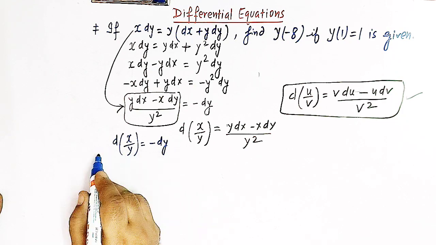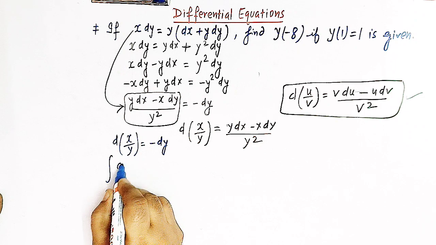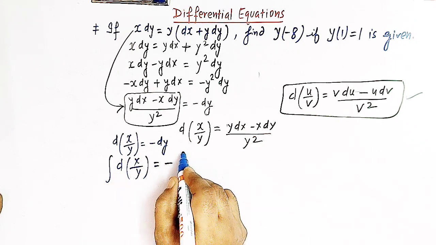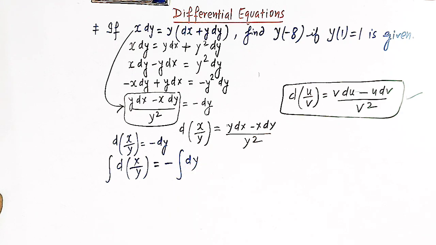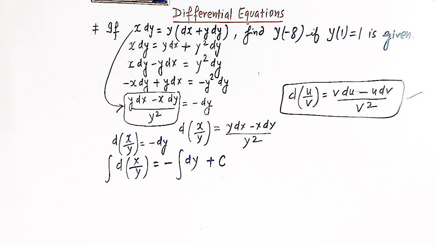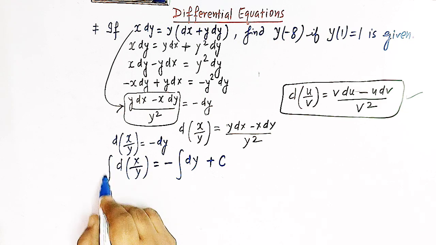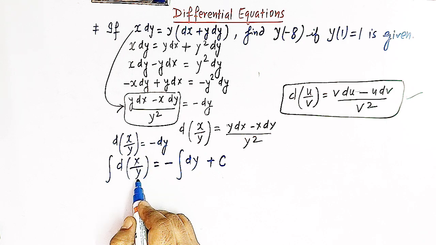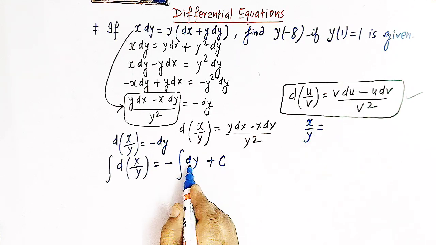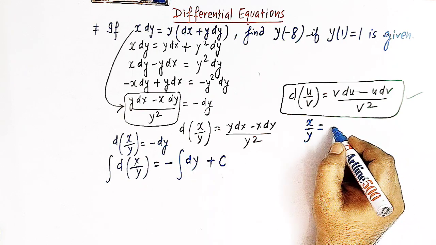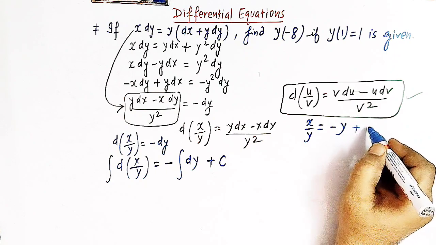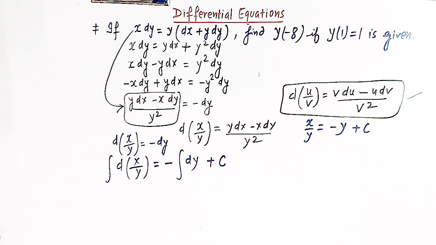And integrating both sides, we have d of x over y, and here we have minus integral of dy, and c is the constant of integration, right? So the integral of d of x over y is simply x over y, and here we have the integral of dy as y, so we have minus y, and here c is the constant of integration, right?